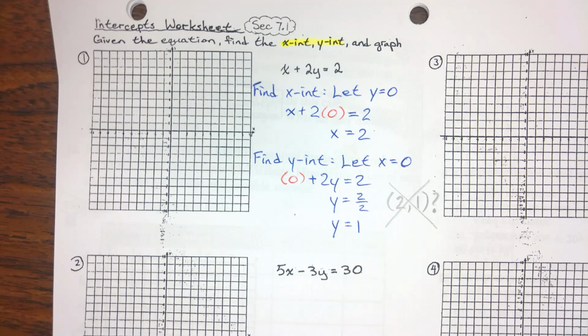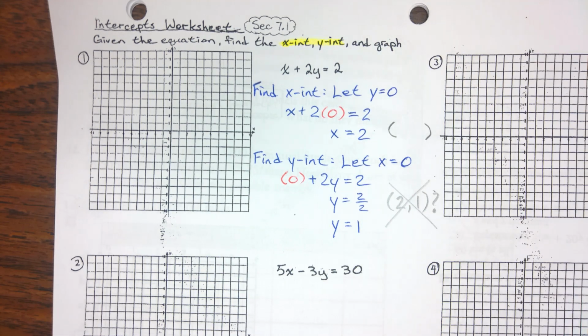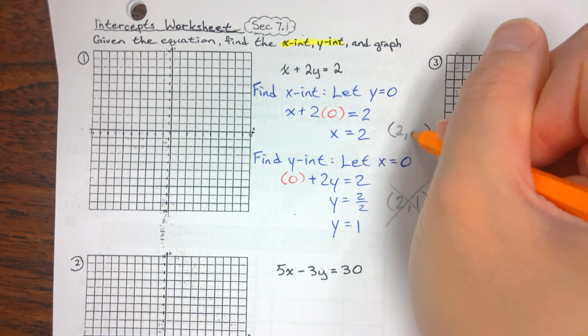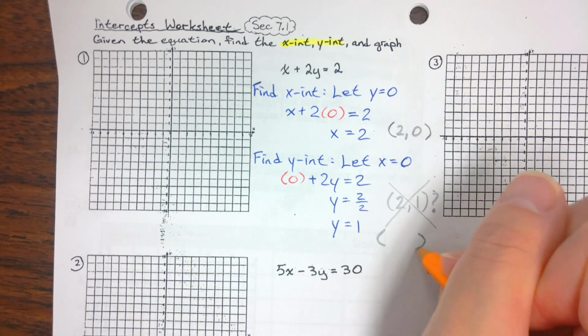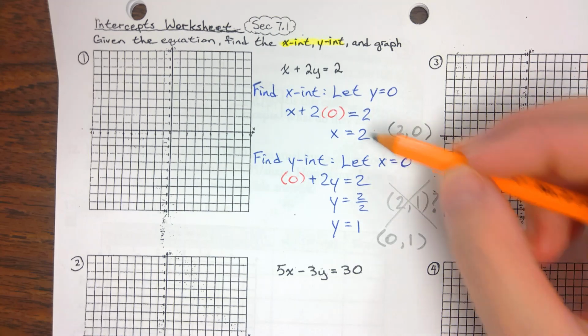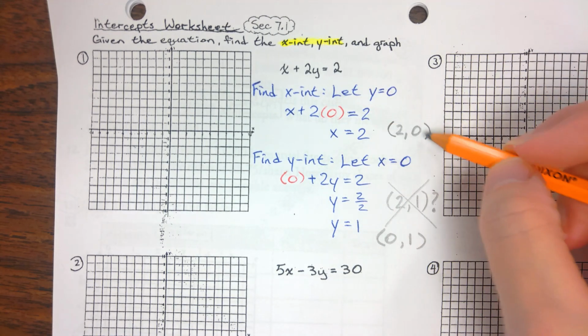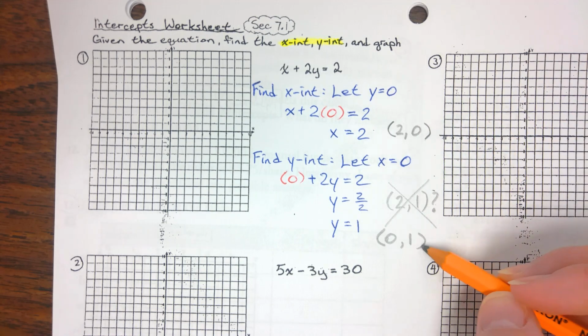No, well, we found the x-intercept and y-intercept. So what is this coordinate? What is the coordinate that we found? Sean? 2 and 0. And what is this point? 0, 1. Okay, so you're not combining these two answers into one point. What you were looking for was the x-intercept and the y-intercept.